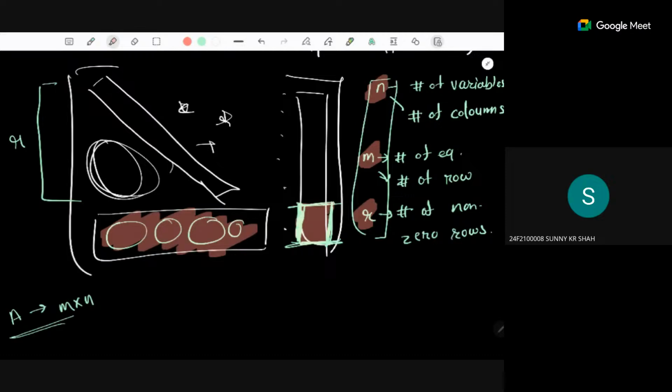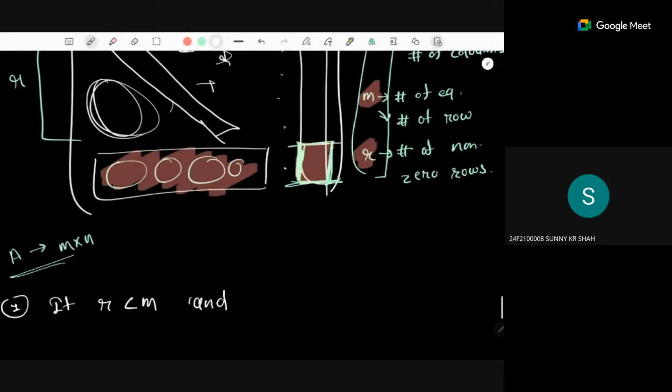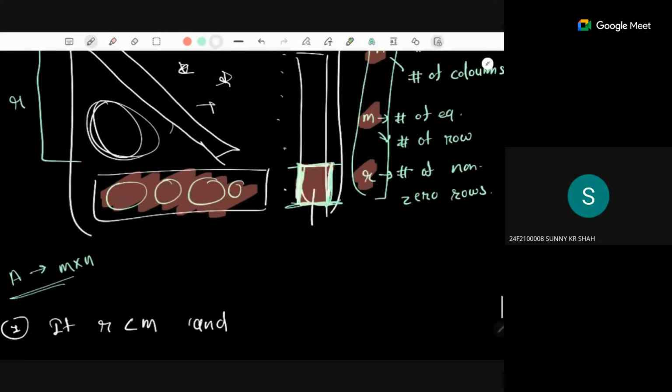And we have to do this after reduction. Once we get our required form, after that we observe these quantities. So let's see what the result will be. The first case says: if the value of r is strictly less than the value of m, that means the number of non-zero rows is strictly less than the number of rows. With this condition, the constants here will look like b_{r+1}, b_{r+2}, up to however many we have.